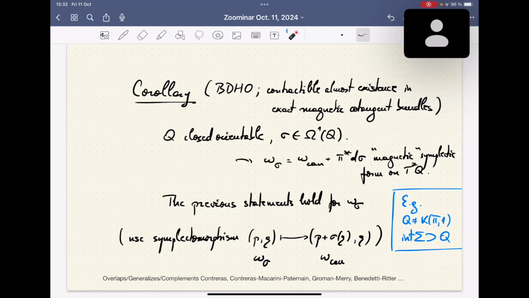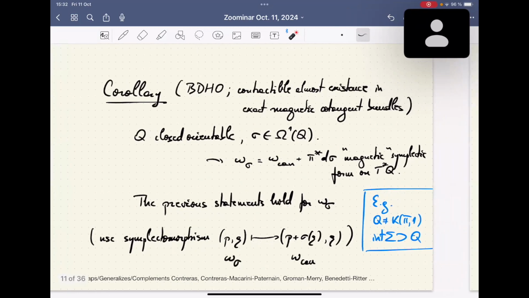I've written on several slides various references to the literature. In the exact case, there is an incredible literature on magnetic cotangent bundles. So such a result actually generalizes or complements things that were proved by Contreras, Macarini, Paternain, Benedetti, Ritter, Groman, Mary.